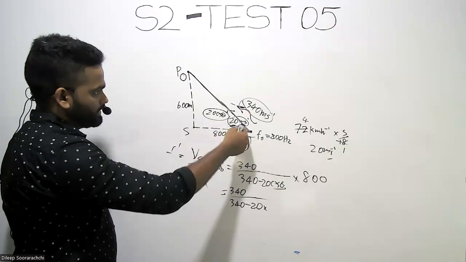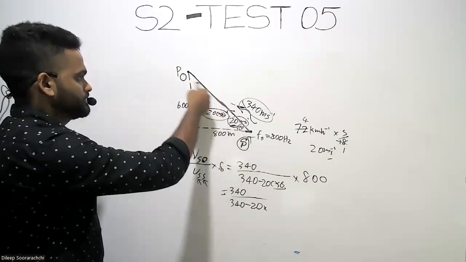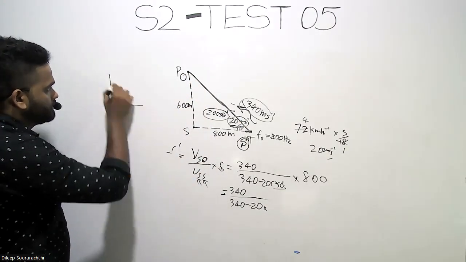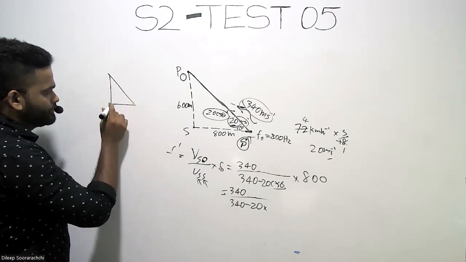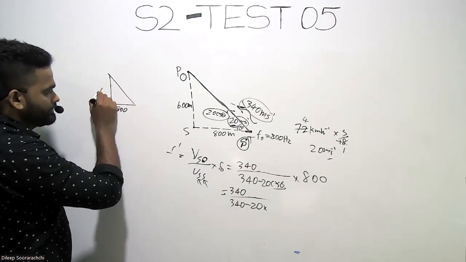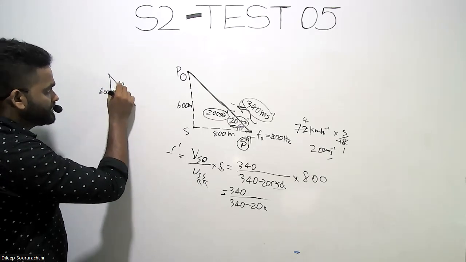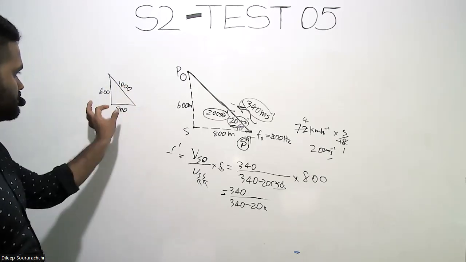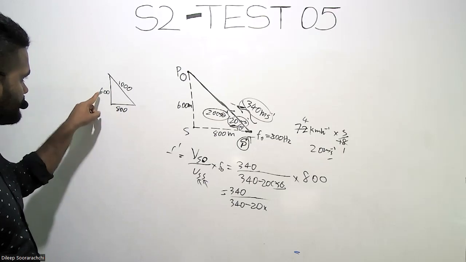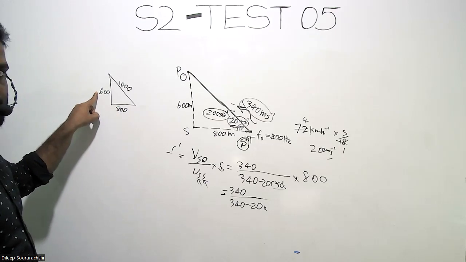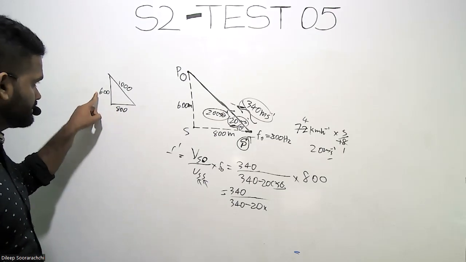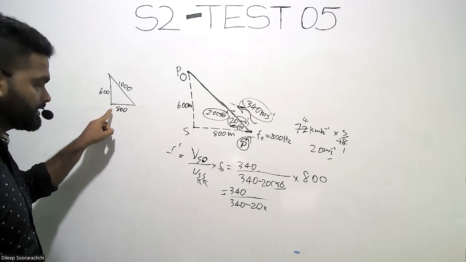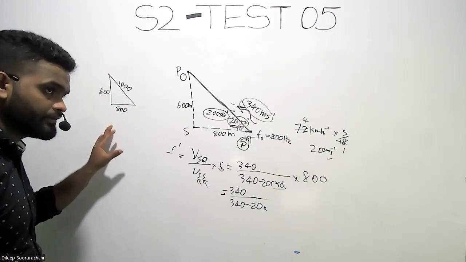To find that, I'm going to use this triangle. If I draw it separately, if this is 800 and this is 600, this should be 1000. Just forget about these zeros. 6 squared is 36, 8 squared is 64, so it's going to be 100.